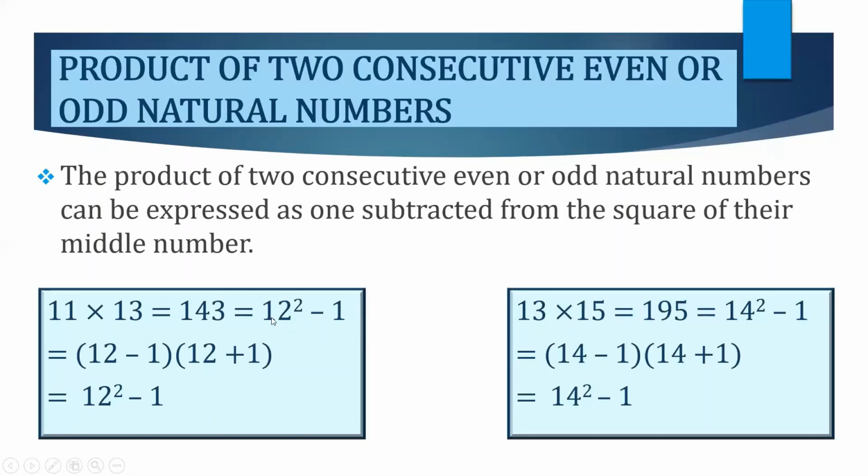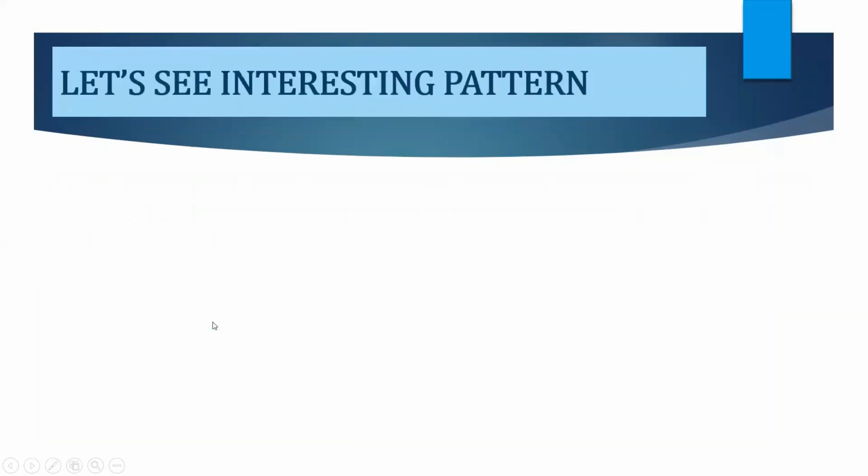So what we will do is (12 minus 1) multiplied by (12 plus 1). That will be equal to 143, because 12 minus 1 is 11 and 12 plus 1 is equal to 13. So this is equal to 12 square minus 1, which is 144 minus 1, that is 143.